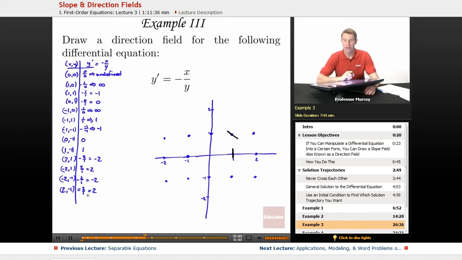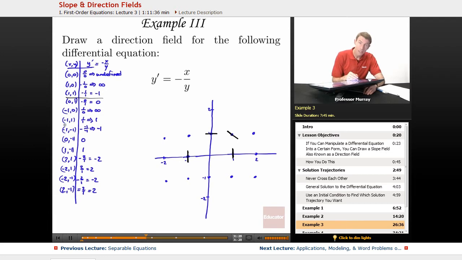So let me go ahead and try to fill in all of those slopes. 1, 0, I already filled in that one. 1, 1 gives me negative 1, filled in that one. So those are the ones I've filled in so far. 0, 1 gives me a slope of 0, so I'll draw a horizontal line there. Negative 1, 0 gives me an infinite slope, so I'll draw a vertical line there.